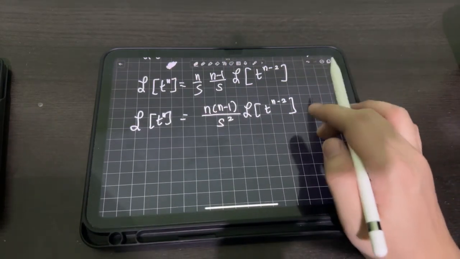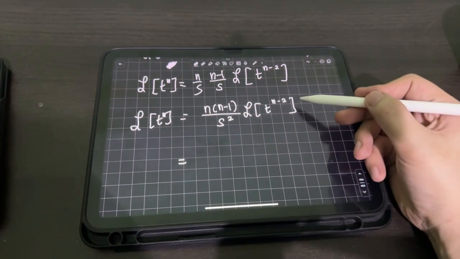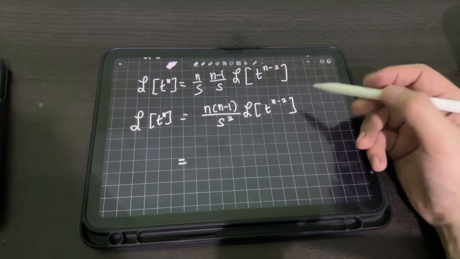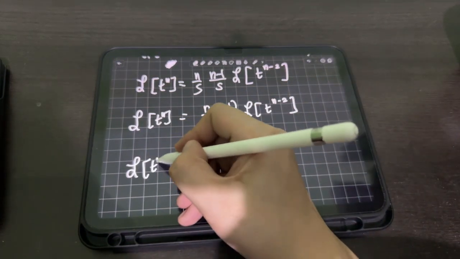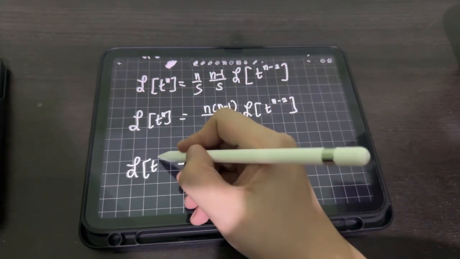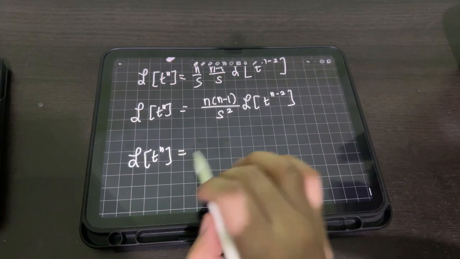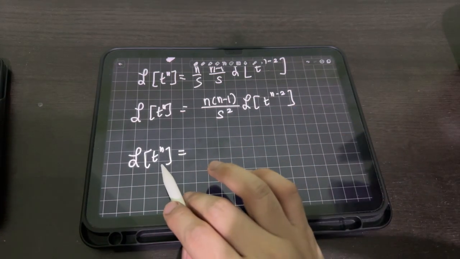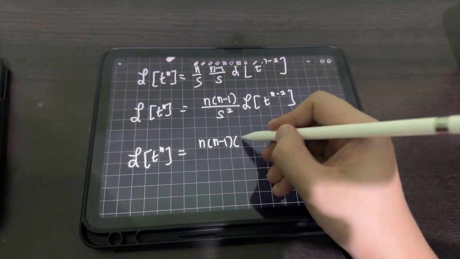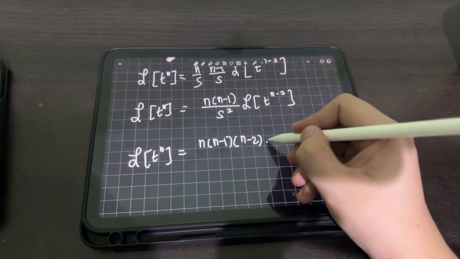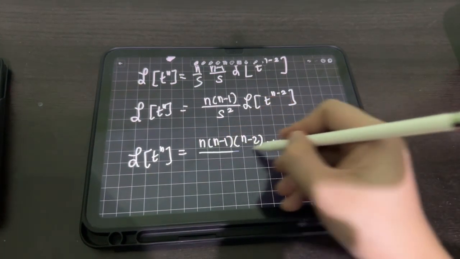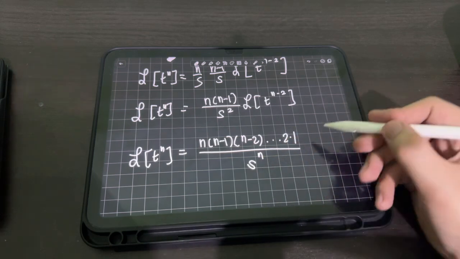So doing the iteration until we reach t raised to 0, I won't show the iteration anymore, but there will be a pattern which if we continue the iteration, the Laplace transform of t to the n, you will see that it's equal to n times n minus 1 times n minus 2 dot dot dot until 2 times 1 over s to the n.